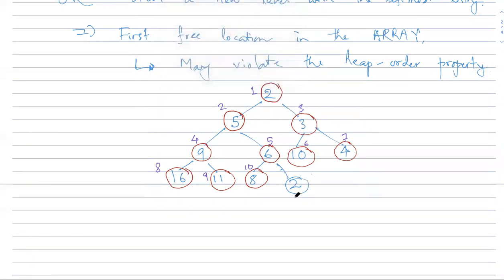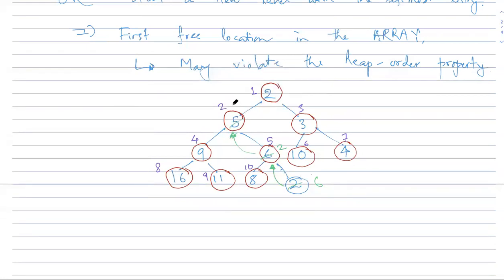So how is this going to bubble up? First we're going to fix at this level. It's going to make a swap here. So this will become 2, and this will become 6. Then it will violate at this level. 5 is still greater than 2, so it needs to swap at this level.